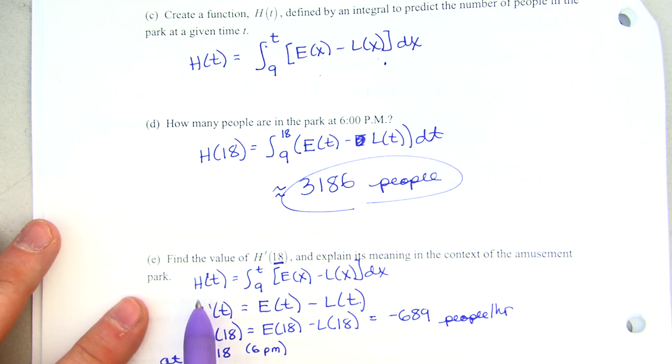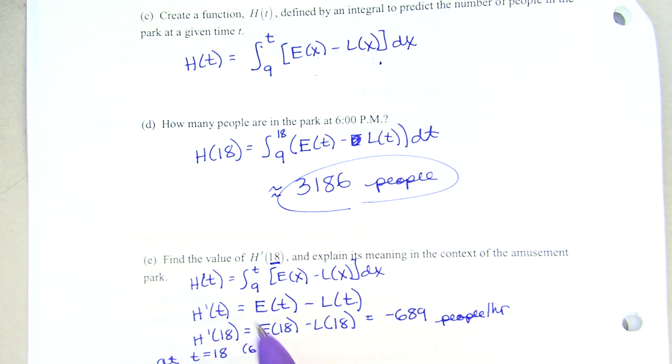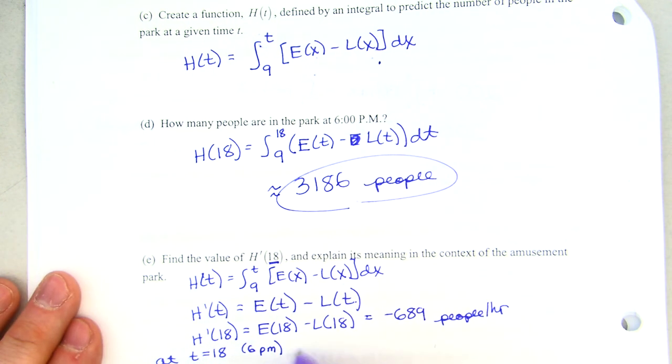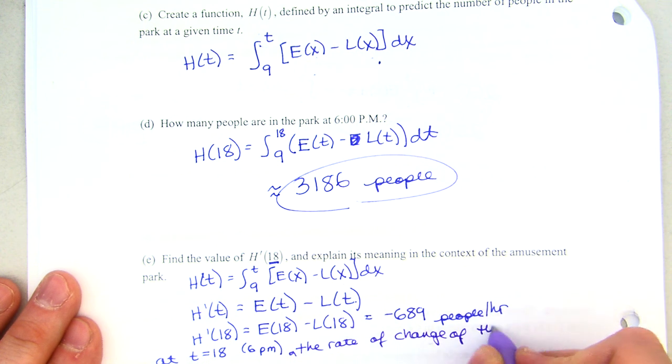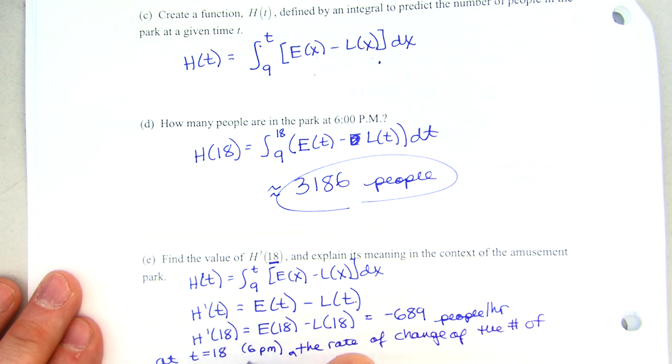So the derivative is the rate of change. So at t equals 18, the rate of change of the number of people in the park is negative 689 people per hour. That is one way we can interpret this.